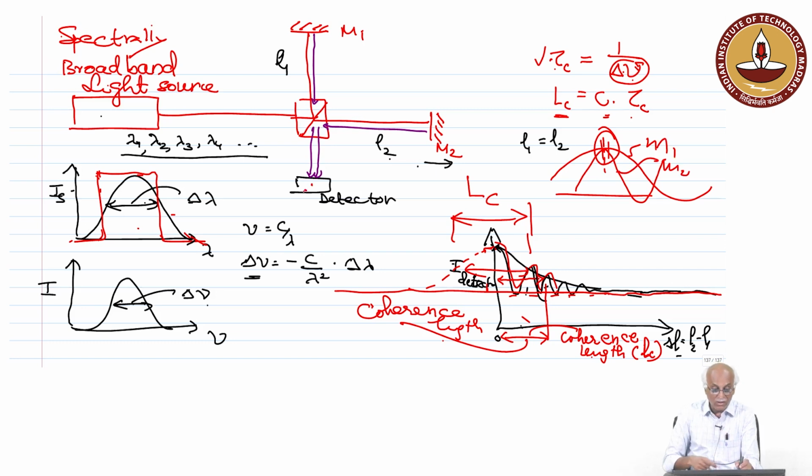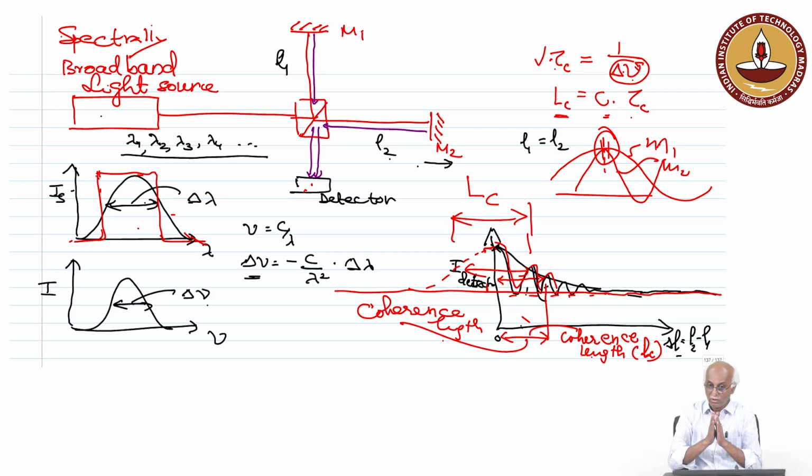A detector over here will only capture the overall intensity, which is the sum of all this interference. Mode 1 will interfere with its own wavelength only, so it will give you a certain intensity, then mode 2 will also interfere with its own mode. Different wavelengths cannot interfere with each other. When interference is considered, both waves which are going to interfere should have the same phase and the same wavelength, then they will interfere.